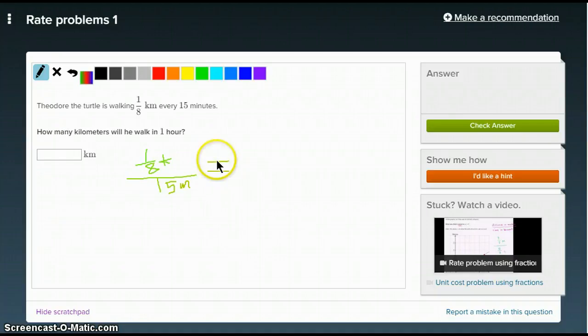It's the same thing as this other ratio, this other proportion, where you want to know X in kilometers. What's the ratio there to 60 minutes, because 60 minutes is 1 hour.